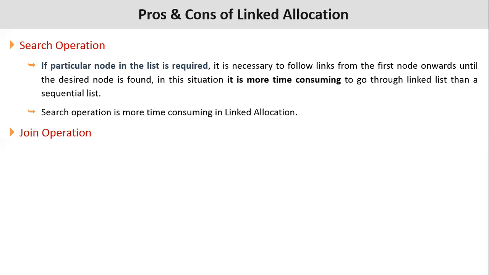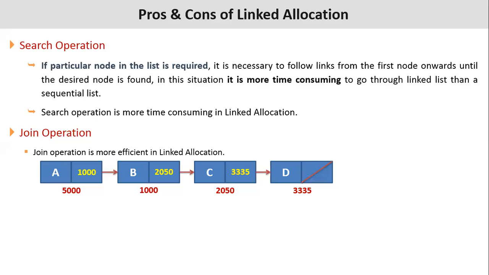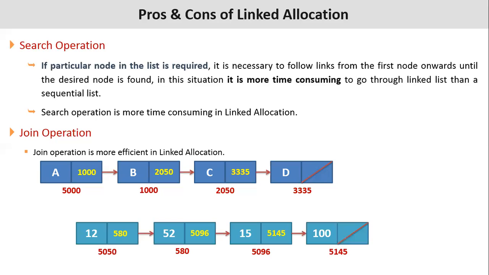Join operation: we can join one or more linked lists. Join operation is more efficient in linked list allocation. We have linked list A, B, C, and D, and a second linked list that contains information 12, 52, 15, and 1000. We are going to join the D node with the node 12.